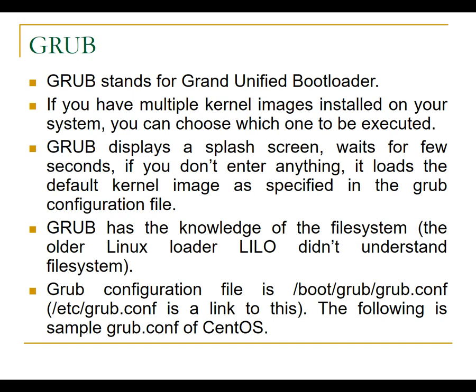Yes, we have to follow one sequence: first we have to install Linux and then we can install Windows. There is a technical reason behind that, that's why I am giving you this idea. First install Linux and then install Windows.